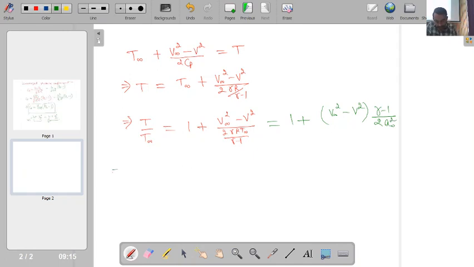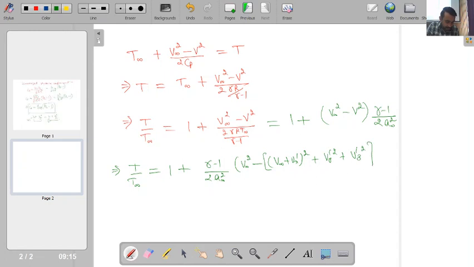Now, we know, what is our local velocity? Using the small perturbation theory, the local velocity will be V infinity plus vx dash, plus vy dash, plus vz dash. That is my local velocity. Fine.